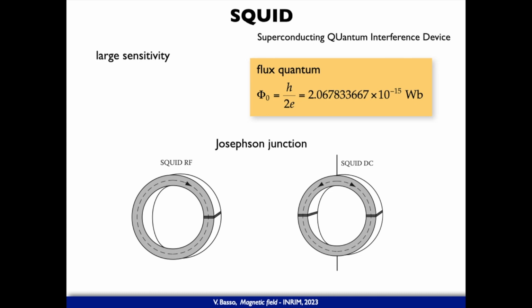The flux is quantized inside the ring, and the flux quantum is the one written there, the Planck constant over 2 times the electron charge. In principle, we can count the flux quantum, and then the flux quantum is the ultimate sensitivity for measuring the magnetic flux, something very nice.